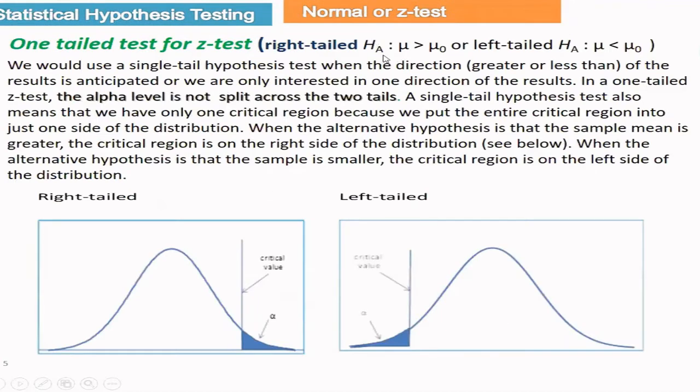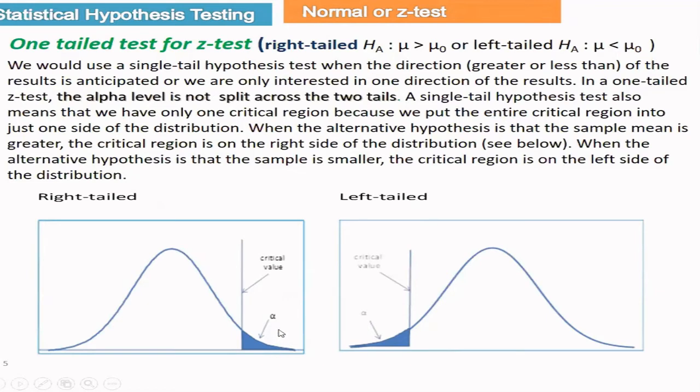And for the one-tail test, it may be right tail or left tail. For the right tail test, we have a critical region where alpha will be on the right side of the graph, and for the left tail test, we have a critical region on the left side of the graph. And for a one-tail test, we don't need to split the level of significance.